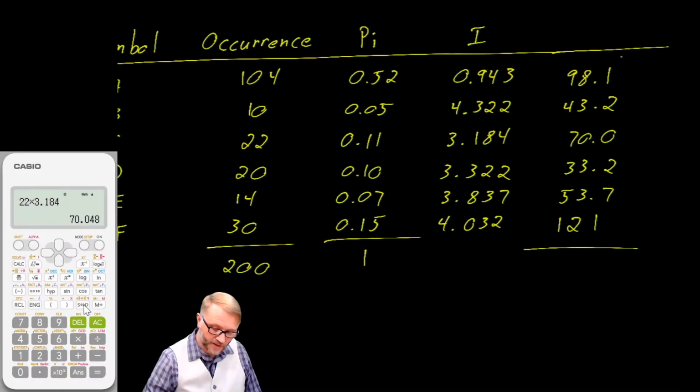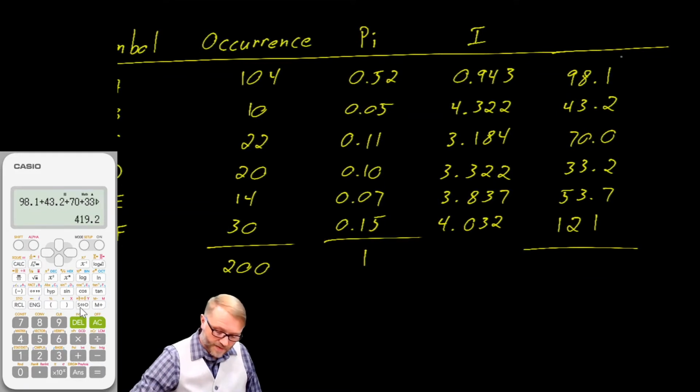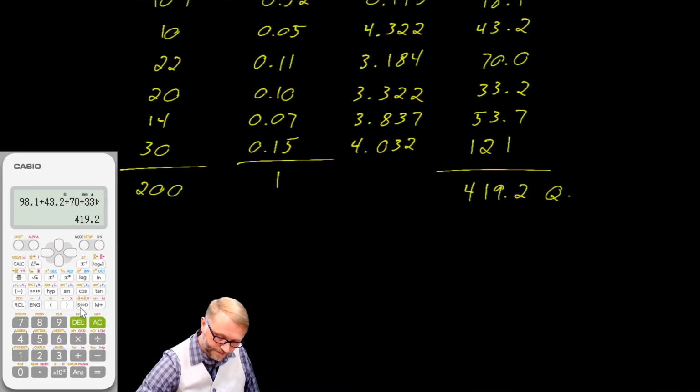Now, if we add all these together, so it's 98.1 plus 43.2 plus 70 plus 33.2 plus 53.7 plus 121, for all of these together, we would have had to have asked 419.2 questions.